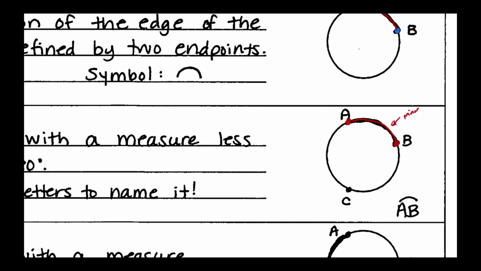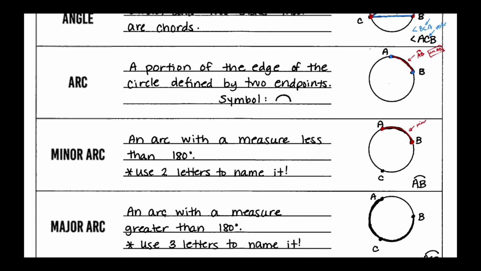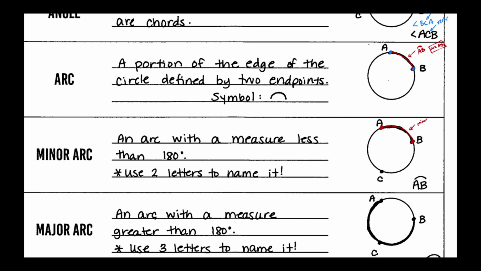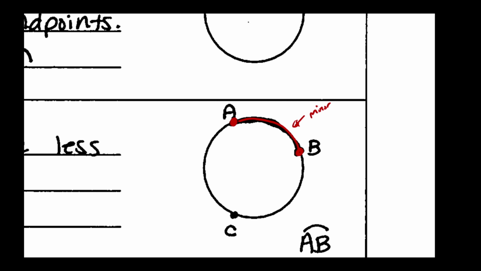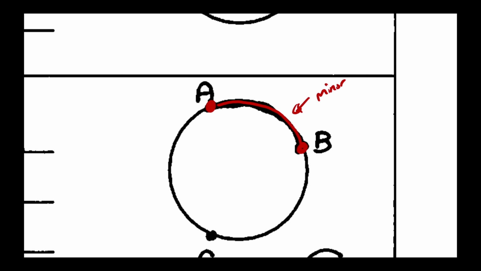And the definition is it's less than 180 degrees. Mister, what's 180 degrees? Well, we talked about this already. The full circle was 360 degrees, right? So that means half a circle was 180. So we talk about an arc being less than 180 because it's less than half of the circle. So this is the minor arc.